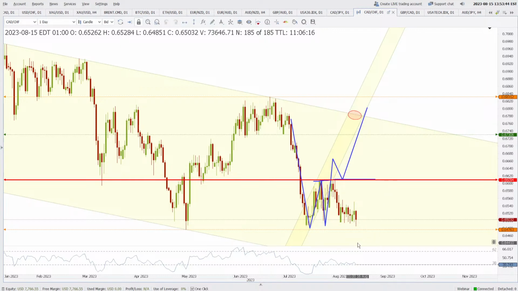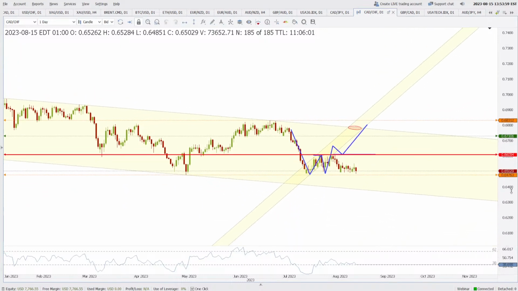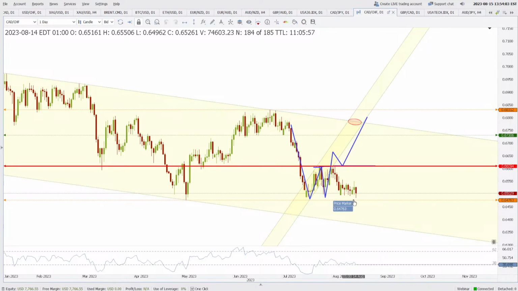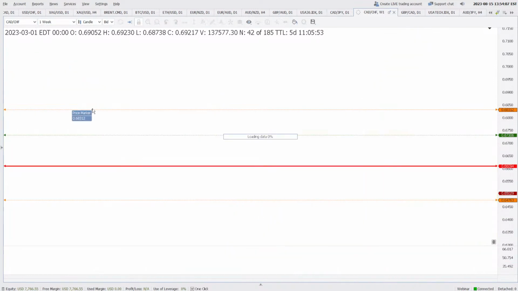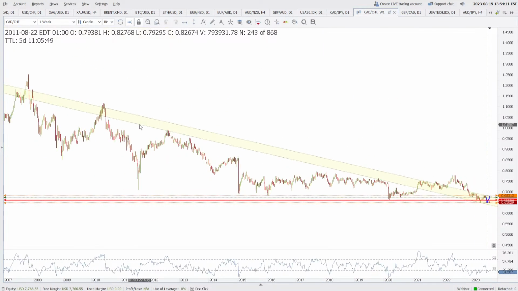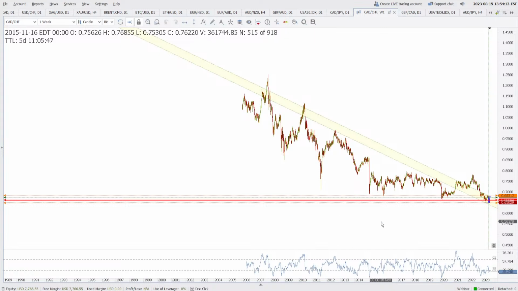Okay, so here we can see that CAD CHF is slowly inching towards the crucial support of 0.6476, and RSI is also on the verge of closing below 38 levels, which is not a good idea. RSI going again below 38 is an indication that lower levels are on the way. So if it closes below this, the next levels will be exposed, and the next level below here I don't think we have on our charts.